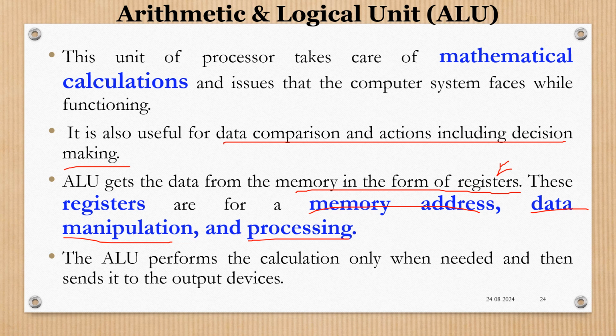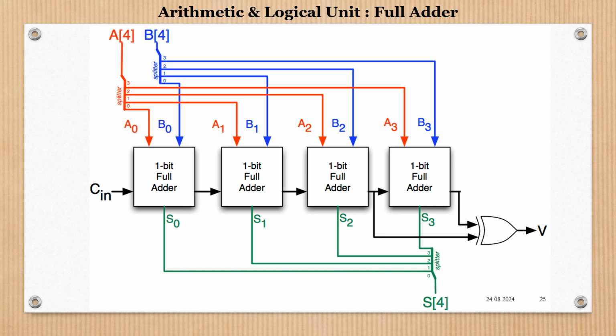So all the calculations are performed by the ALU, and this is the circuit diagram of the ALU for the full adder. This is the 4-bit full adder. This full adder contains the logical circuit, and two inputs are given to the full adder, A and B, and this is the carry bit.